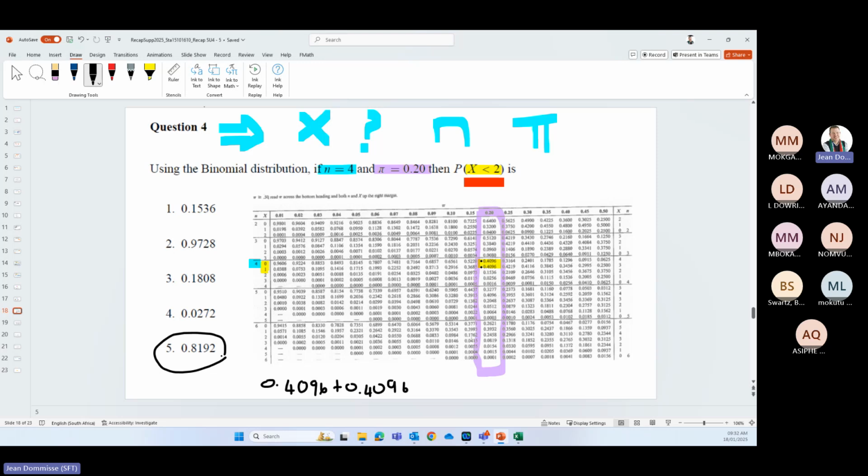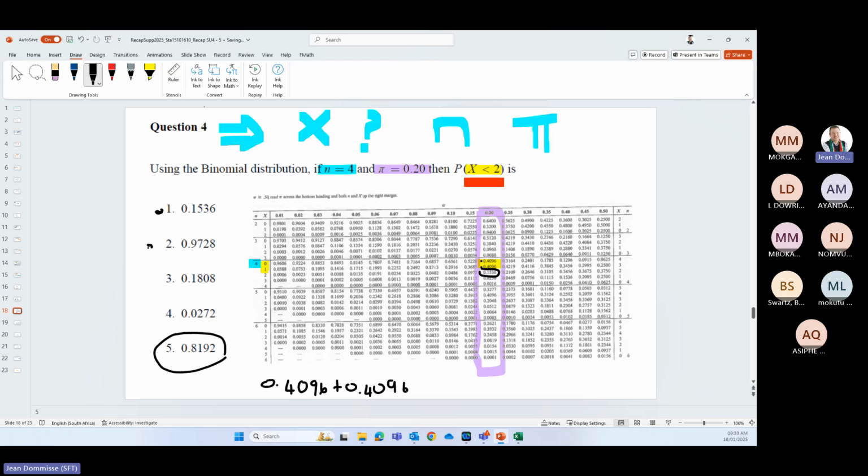And if you add 0.8192 plus 0.1536, there's the 0.1536 for x equal to 2. If you added those three together, there is another option for you as well.